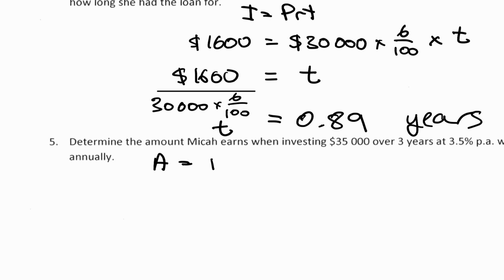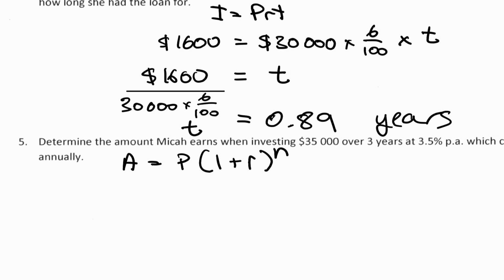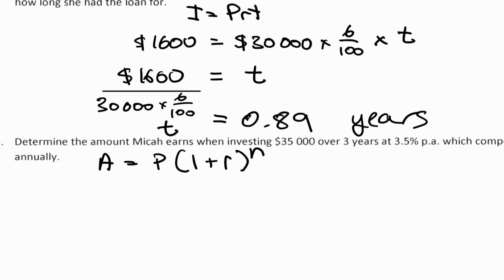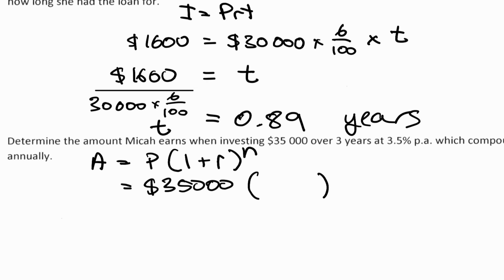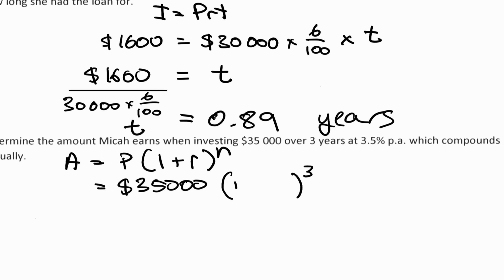A equals P outside 1 plus R to the N. So $35,000 is the principal. Over 3 years, so 3 years is the N, that's the time period. 3.5% is the interest rate.